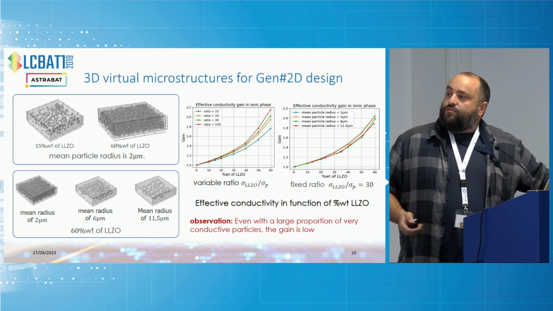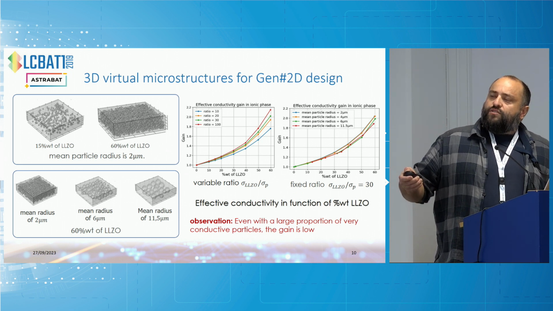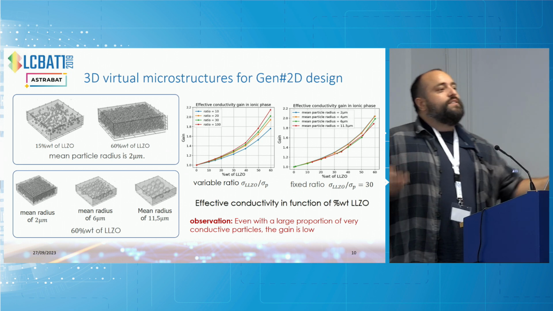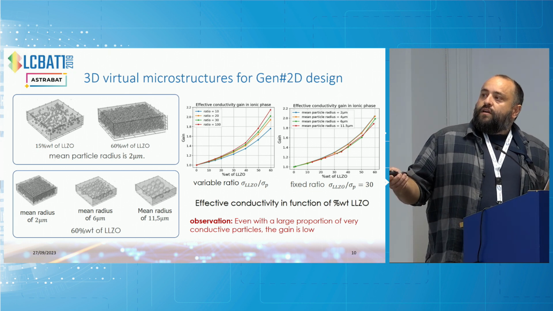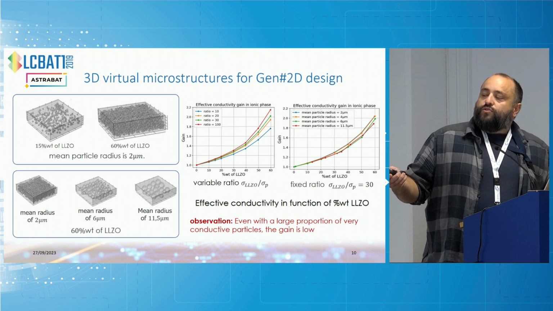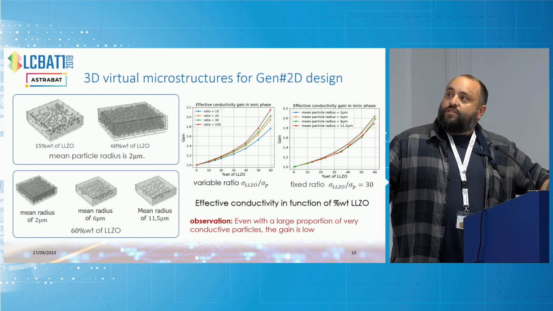Concerning the result, we try to model a very, very good conductivity of ceramic. For example, the ratio here is the conductivity of ceramic versus the conductivity of polymer, and we try to simulate with this ratio of 100.